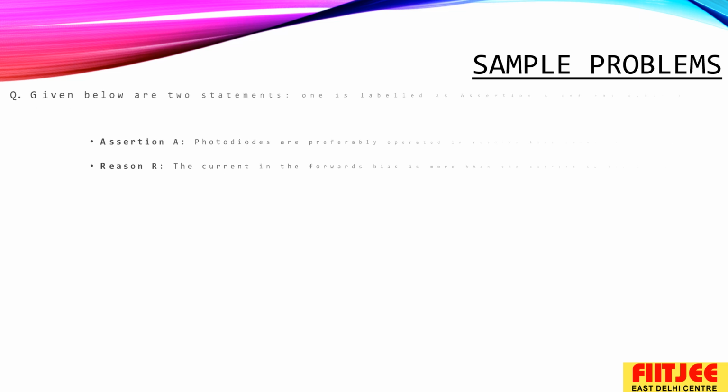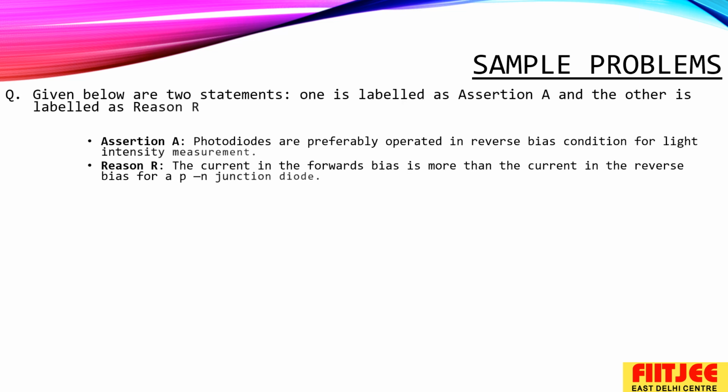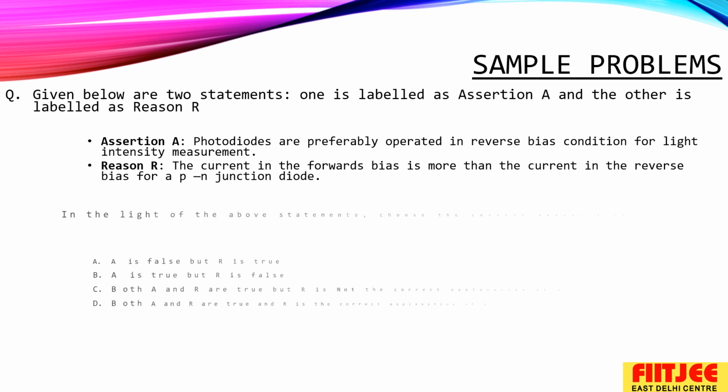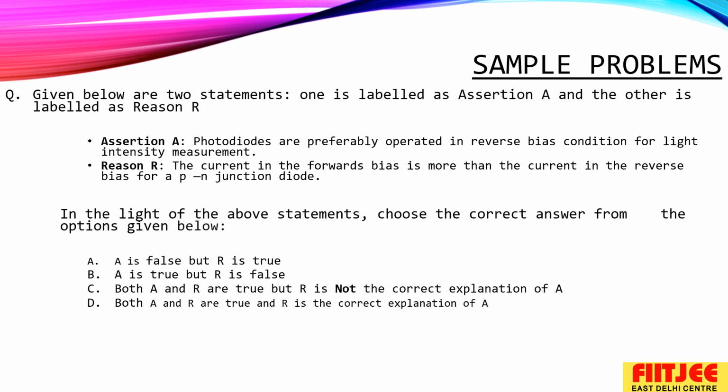We'll discuss some sample problems which were already asked in the mains exam. In the first question, two statements are given. One is labeled as assertion A and the other is labeled as reason R. In the assertion, photodiodes are preferably operated in reverse bias condition for light intensity measurement. And in the reason, the current in the forward bias is more than the current in the reverse bias for a PN junction diode.